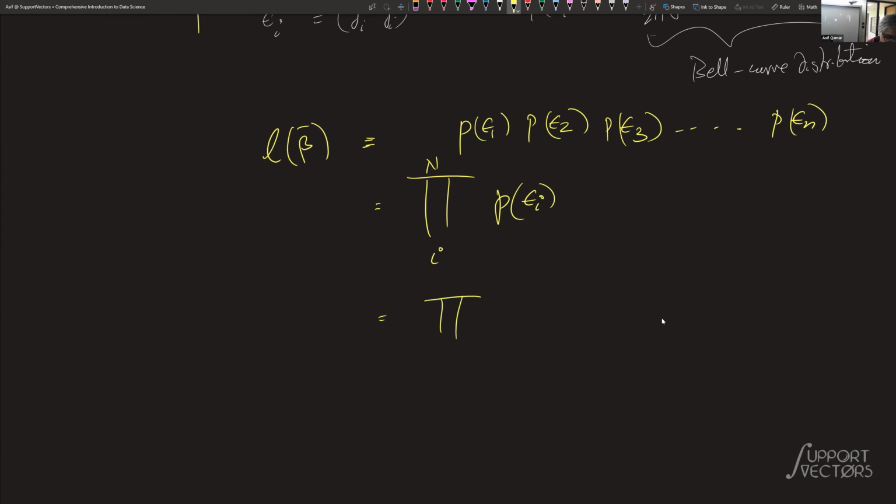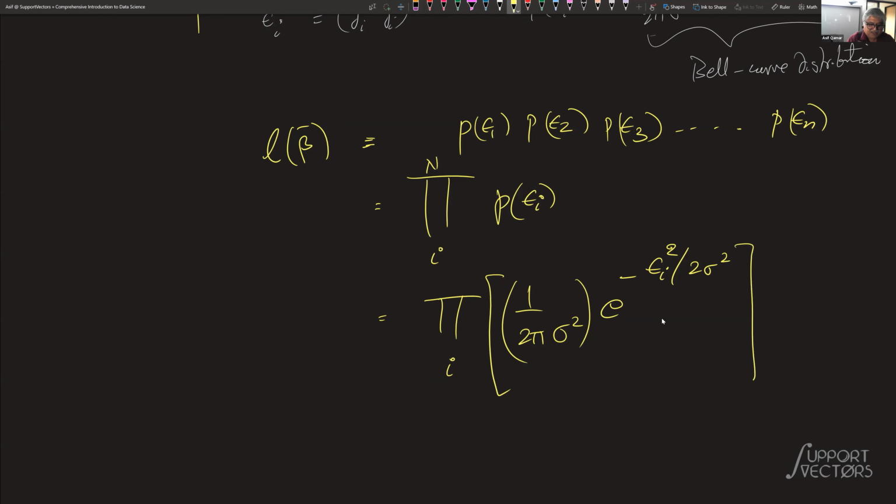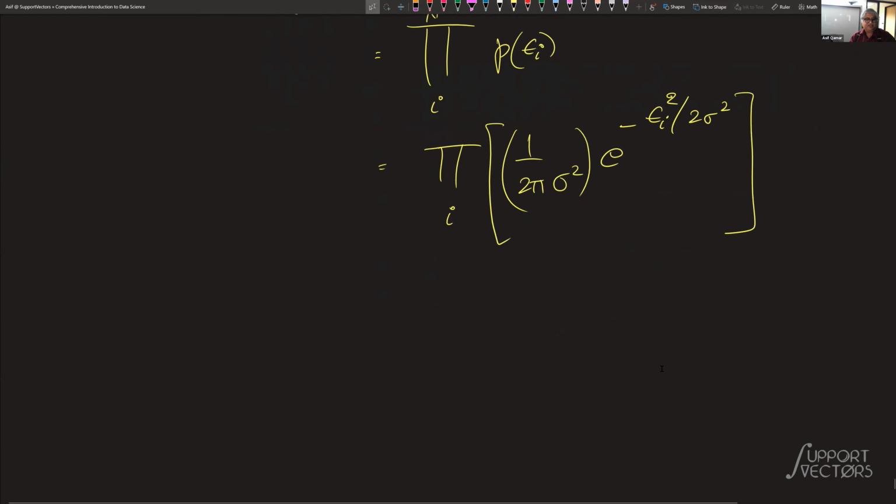It is the product over i of 1 over 2 pi sigma squared, times e to the minus epsilon i squared over 2 sigma squared. Now, can I just for simplicity erase the sigma out of the equation for the time being? Okay, maybe I can leave it. You can take sigma equal to 1 or something like that, but okay, we'll leave it here.